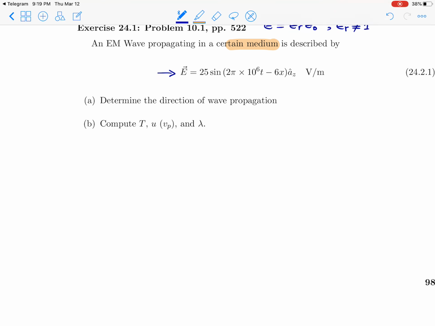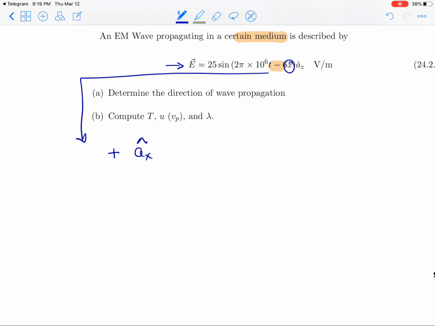The very first step is to determine the direction of propagation. You can see clearly here that since this sign is negative, it's going to be toward a positive direction, and since it's a function of x, it's going to be toward the positive x direction.